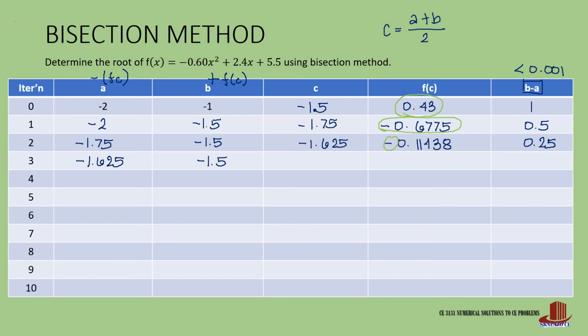So take their average, which is going to be 1.5625. Plug this value into our function. This time we get positive 0.160156. b minus a is taken as 0.125.